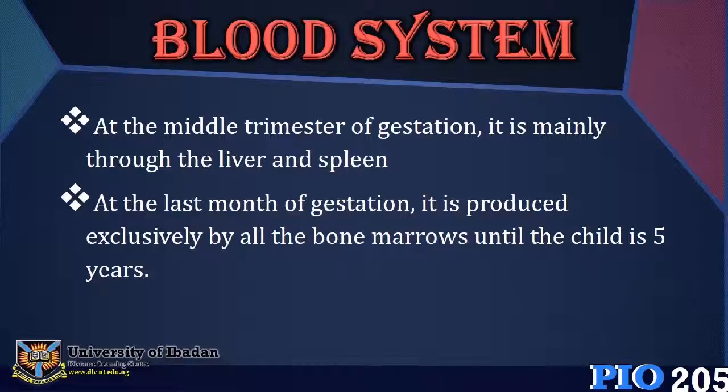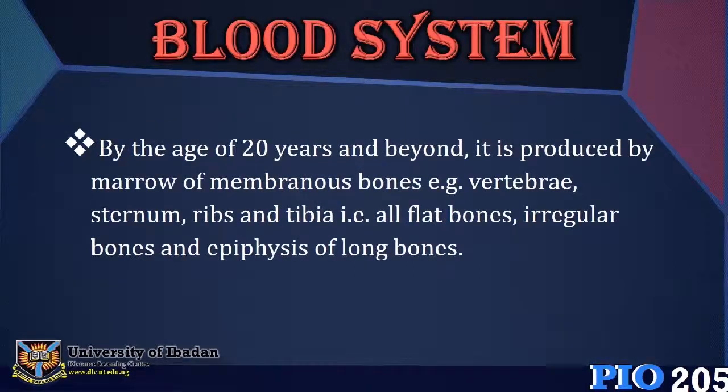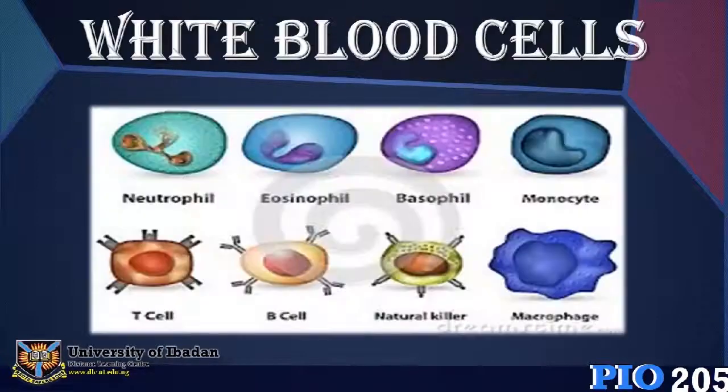At the last month of gestation, it is produced exclusively by all the bone marrows until the child is 5 years. By the age of 20 years and beyond, it is produced by marrow of membranous bones, e.g., vertebrae, sternum, ribs, and tibia, that is, all flat bones, irregular bones, and epiphyses of long bones.